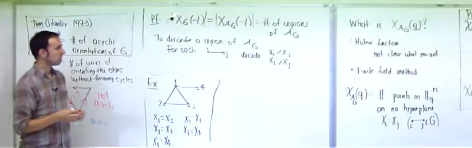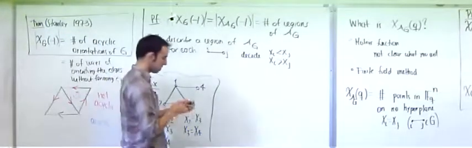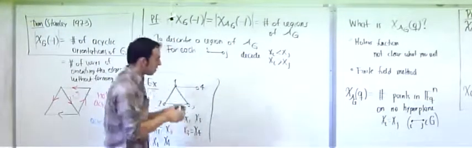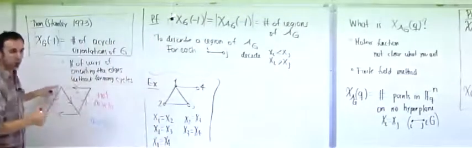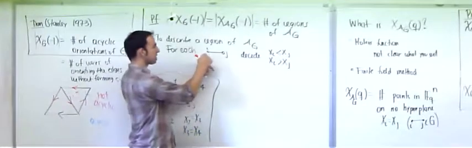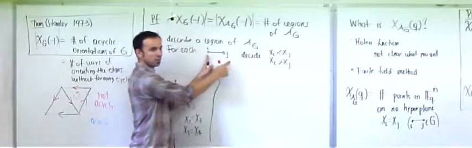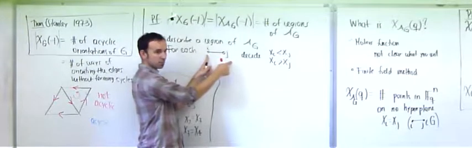But then you see that, I mean, it doesn't take so much imagination. If we're looking for a way of orienting the edges, we're saying for each edge i and j, either say this is less than this, or say this is bigger than this.